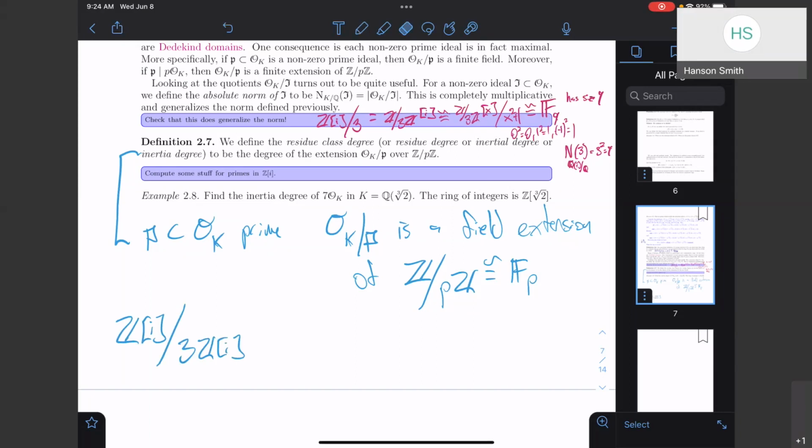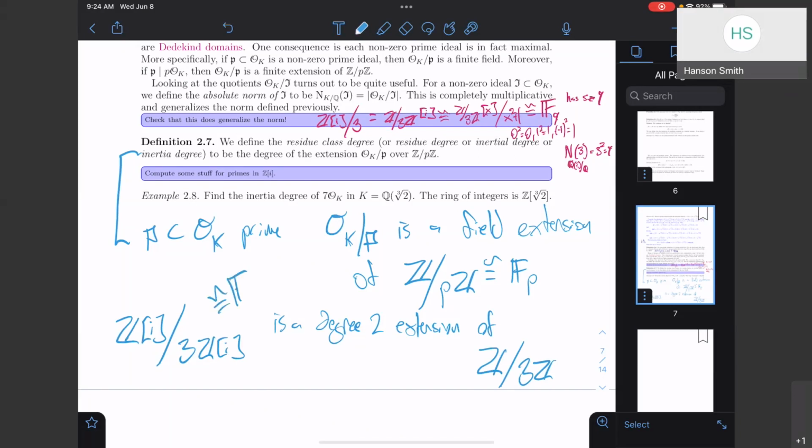This is a degree 2 extension of Z mod 3Z, where now I'm thinking of 3 as the downstairs thing. So this is isomorphic to F_9, the finite field with 9 elements. This is isomorphic to F_3. Okay, and so the inertia degree, the residue class degree, is the degree of this extension. So in this case, it's degree 2.